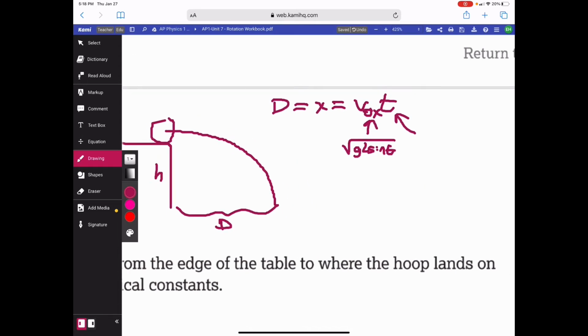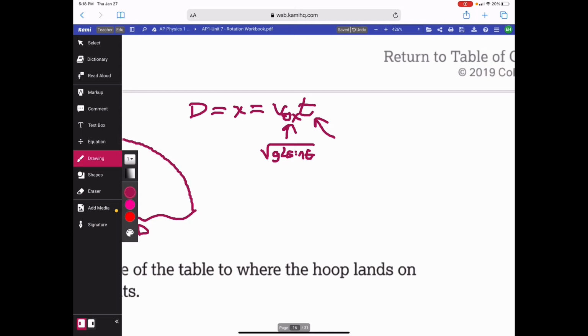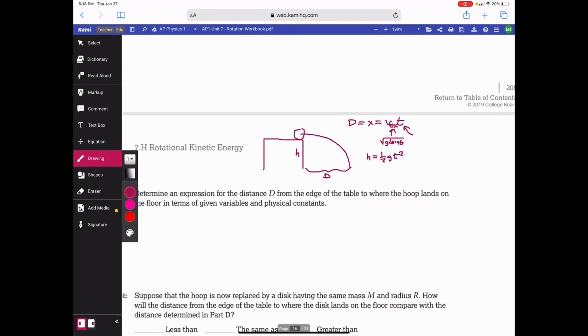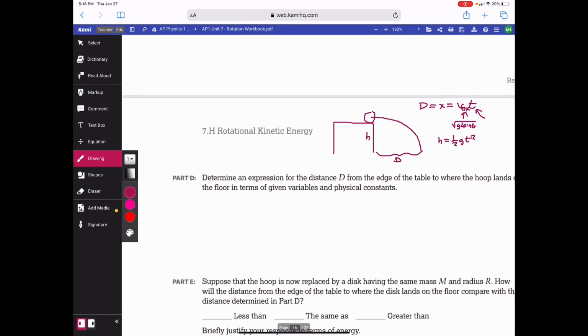Well, we know the time it takes to fall. The time it takes to fall, height, is equal to 1/2 gt squared. Should probably be deriving it down here.